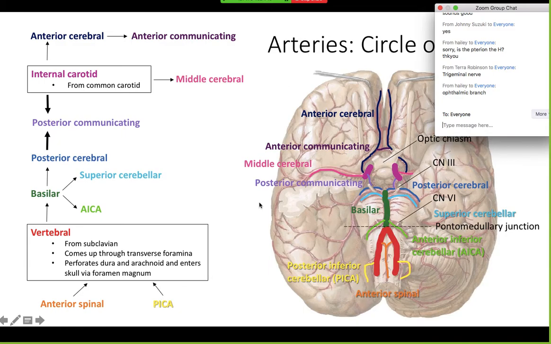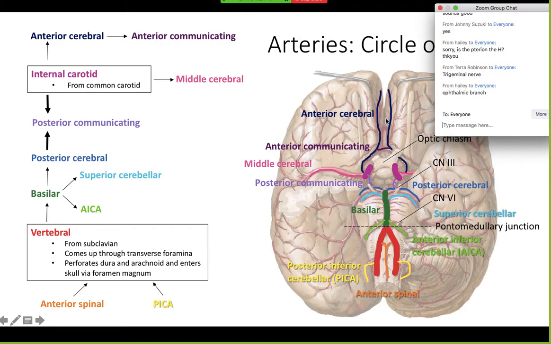Also a lab practical tag that I think they like is cranial nerve 3 right here. Cranial nerve 3 is located between the posterior cerebral and the superior cerebellar. I'm not sure if you've taken the brain out yet. Sorry, I haven't looked at your schedule.